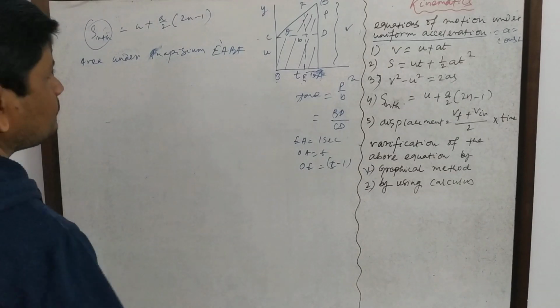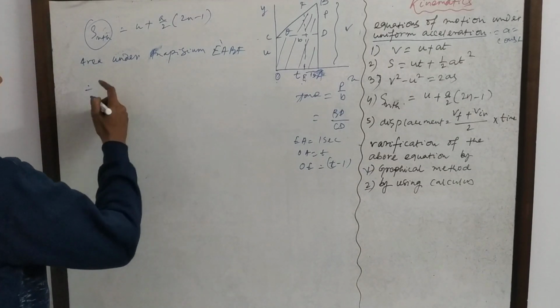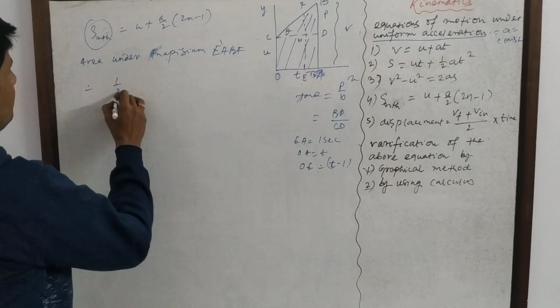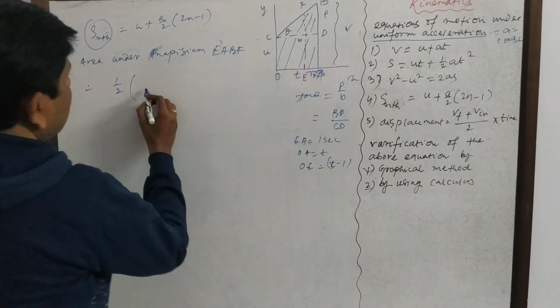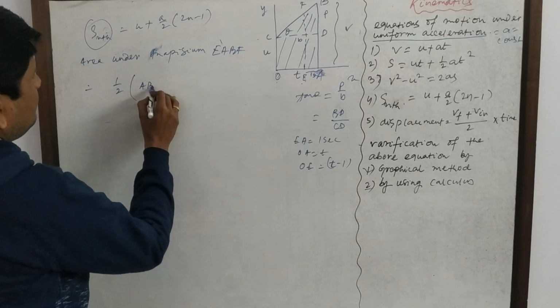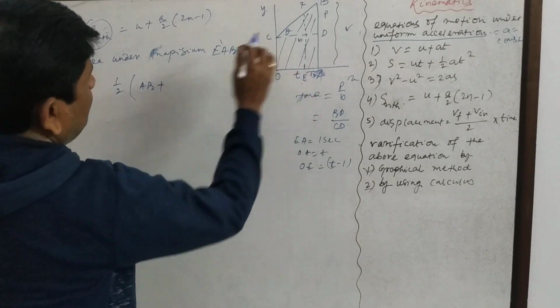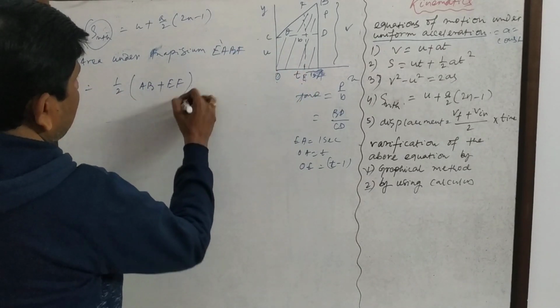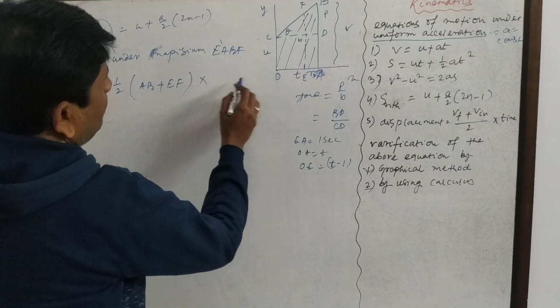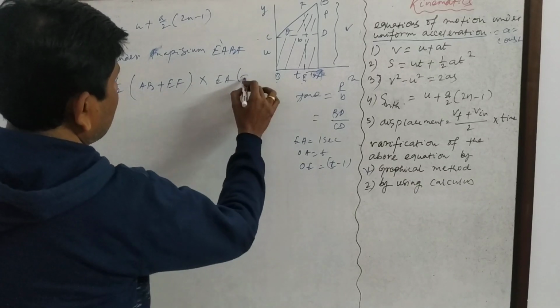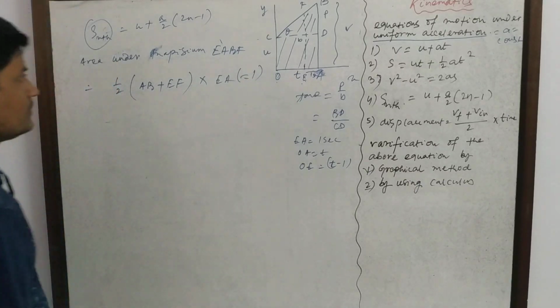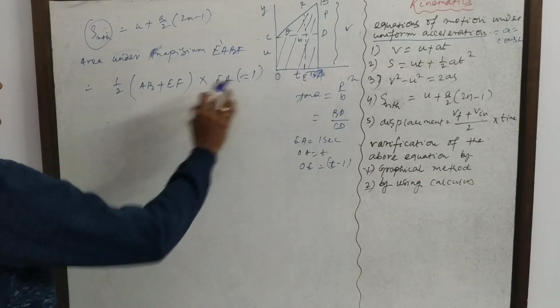Is that clear? Now the area of trapezium EABF is equal to half the summation of parallel sides, that is AB plus EF, into height, meaning EA, that is equal to 1 second.